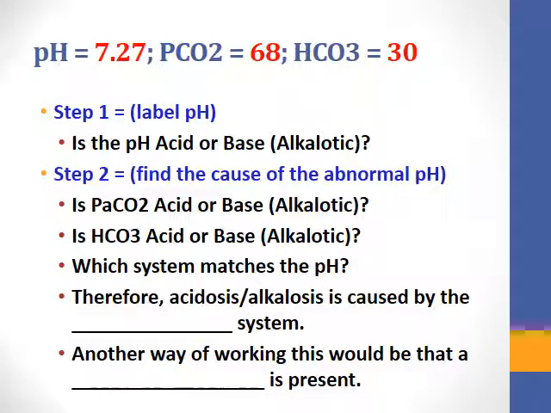Write that down. Then we look at the bicarb. Is your bicarb acid or base? Your bicarb is 30. Remember, your range on your bicarb was 22 to 26. Tell me what that is. Write it down on a piece of paper.